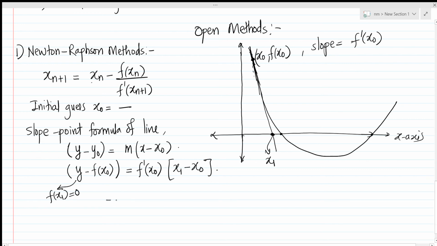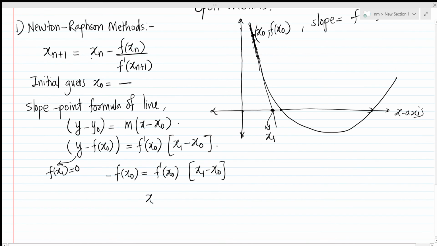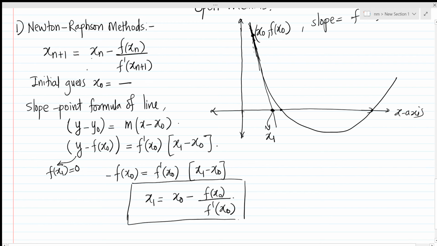So we can write f of x0 is equal to f dash of x0 into x1 minus x0, and x1 is equal to x0 minus f of x0 upon f dash of x0, and this is the iteration formula for the Newton-Raphson method, which is written above.